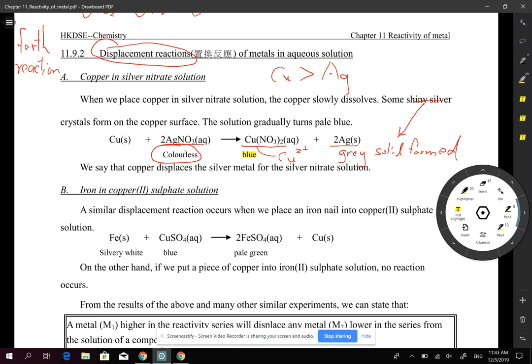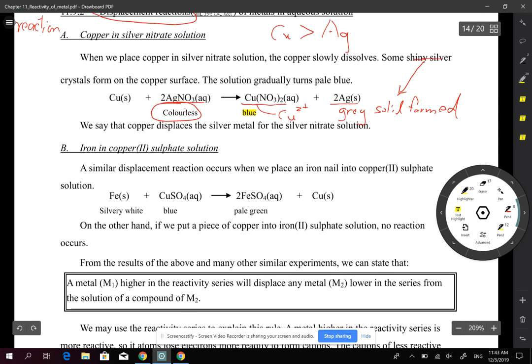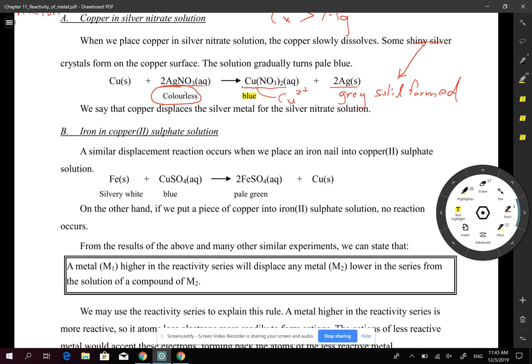Another example is if you put iron into copper 2 sulfate solution, then the following reaction will occur. The iron is put into the less reactive metal compound, copper sulfate. It will replace the position of the copper and become iron 2 sulfate.